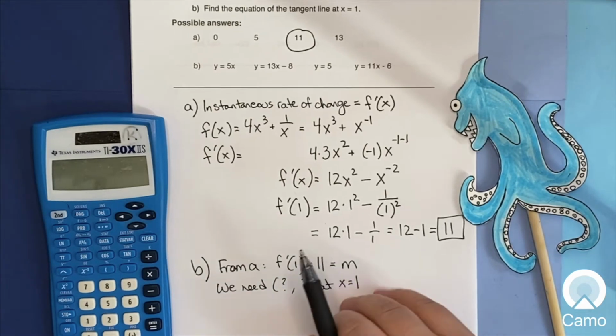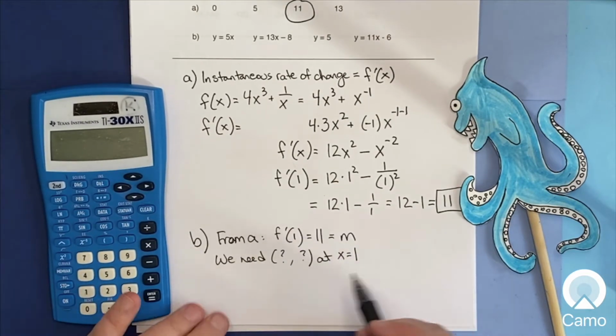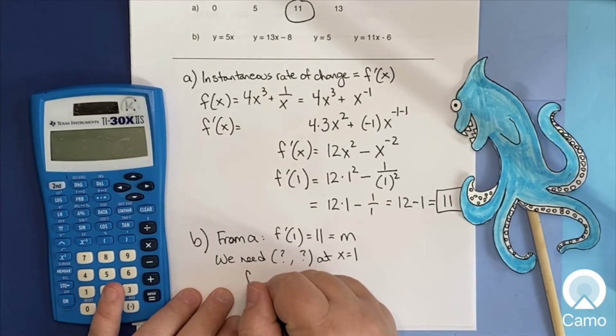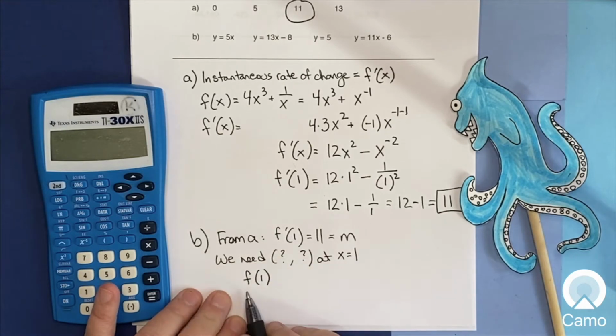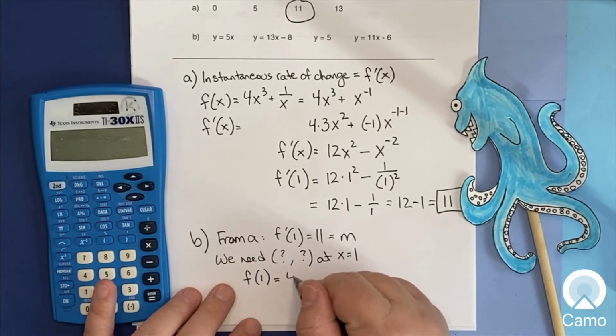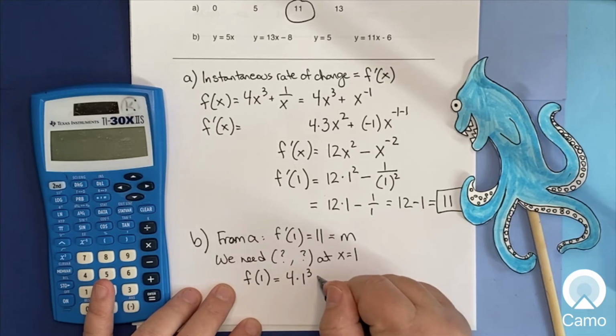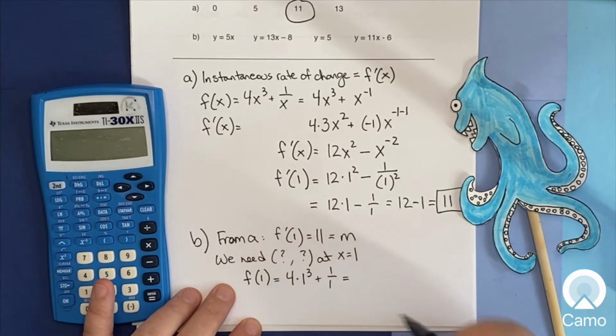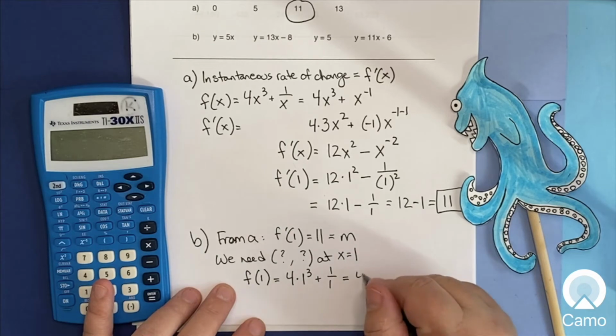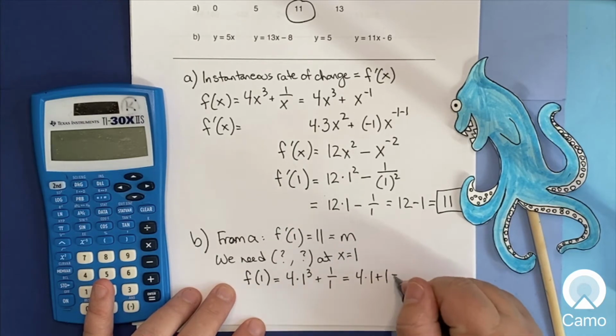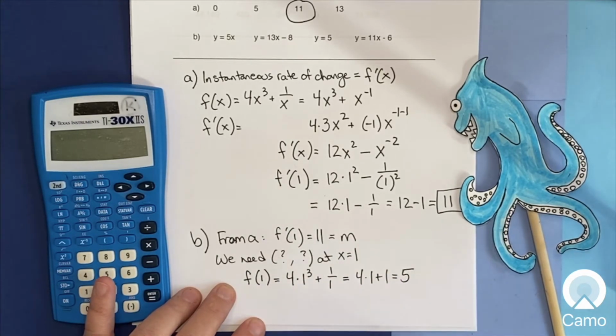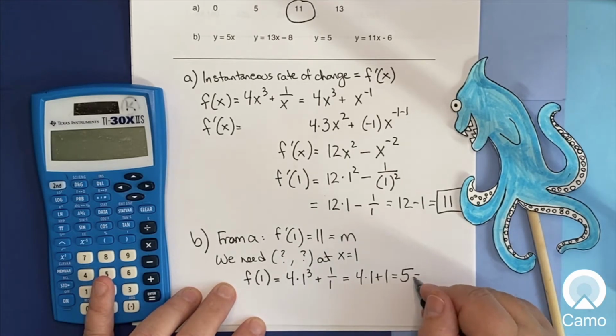Remember, to find the point, I'm going to have to plug in 1 into the original function, not the derivative. So that would be 4 times 1 cubed plus 1 over 1, and that's going to be 4 times 1 plus 1, which is 5. So for this one, my point is going to be (1, 5), and that's equal to y.